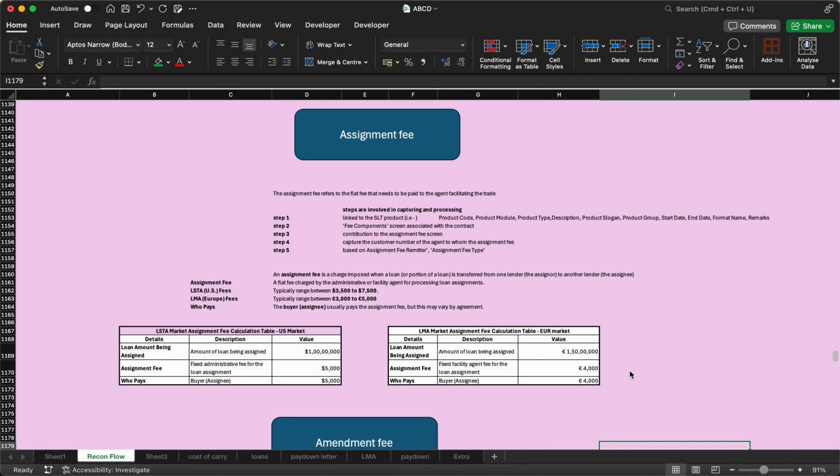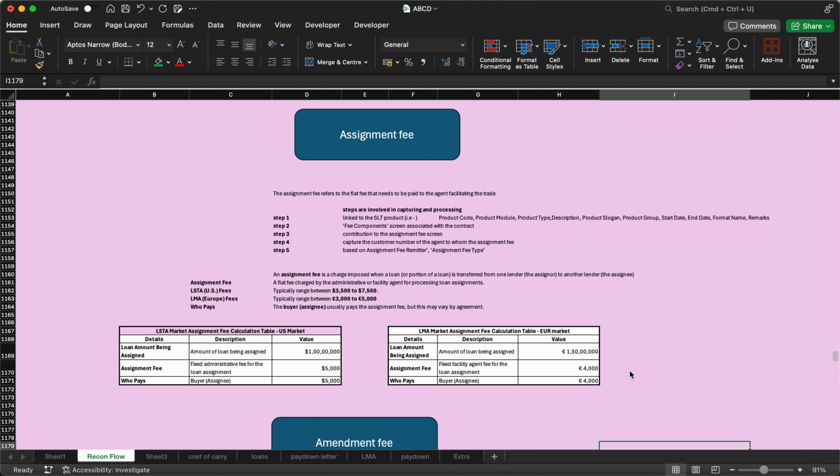So the steps involved in capturing and processing this. How does it get captured into the system, in the application? So we can discuss now. The first step is to go to the SLT product. SLT product is like the basic detail of the trade, like which trade this assignment fee has been imposed on.